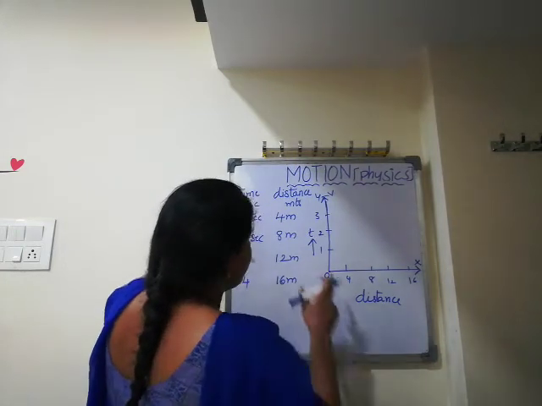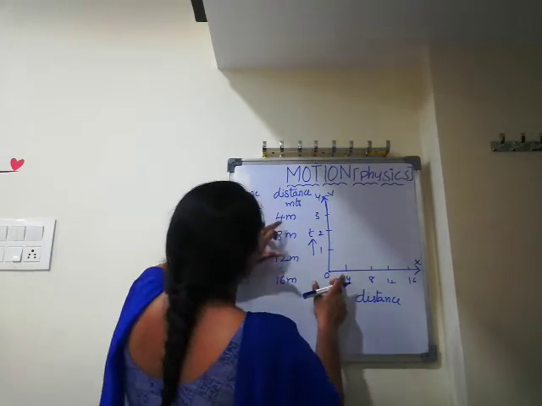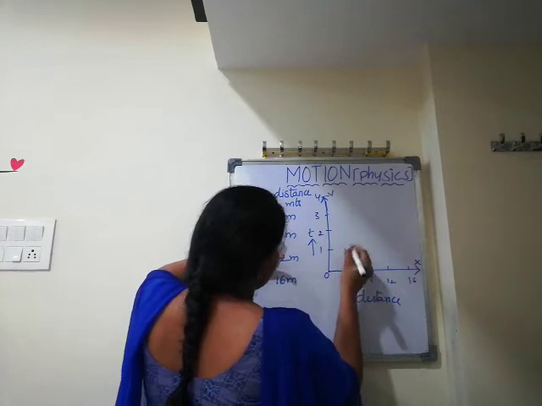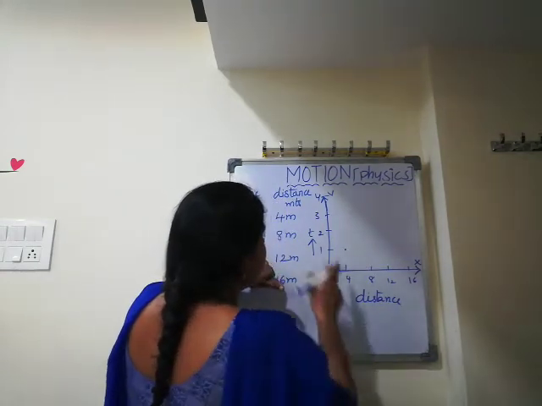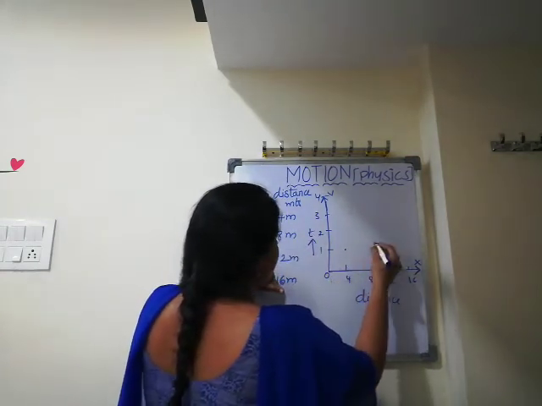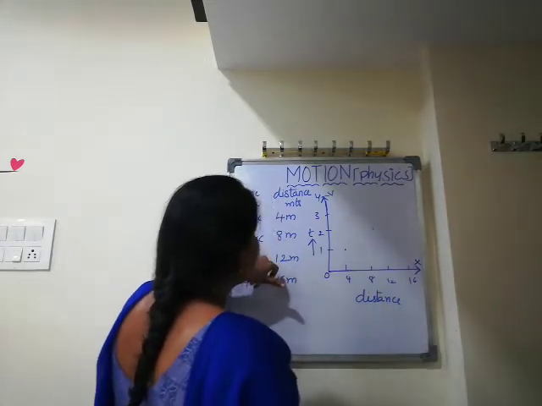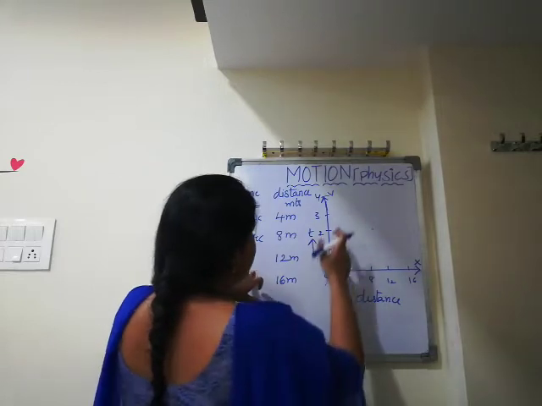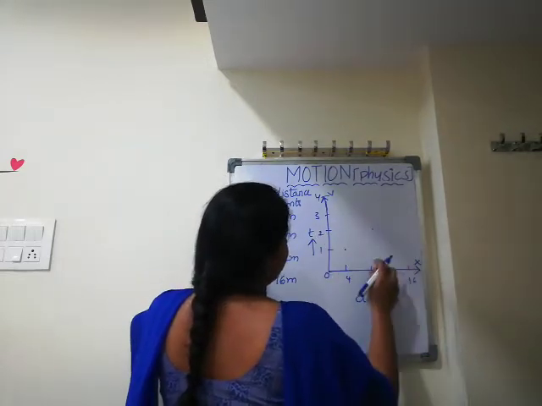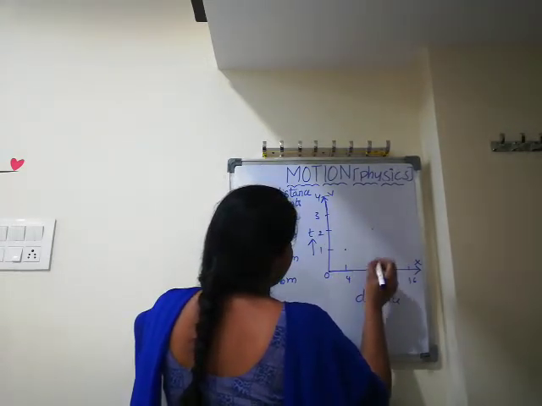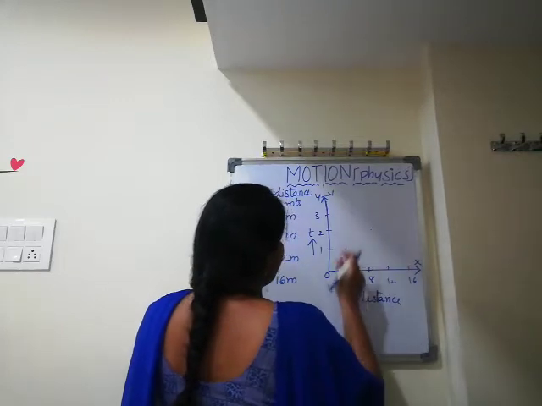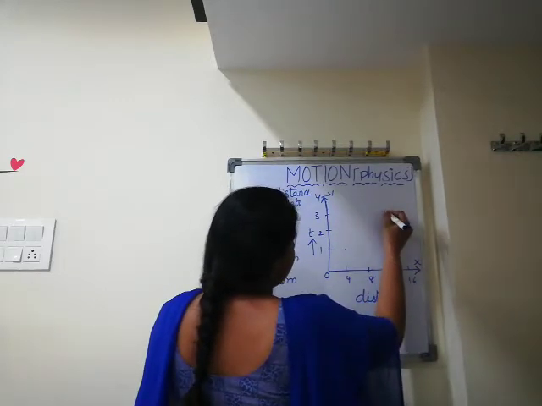Afterwards at the first second, what is the distance travelled? 4 meters. Next at 2 seconds, what is the distance travelled? 8 meters. Yes or no? Next one, third second, the distance travelled is 12 meters.